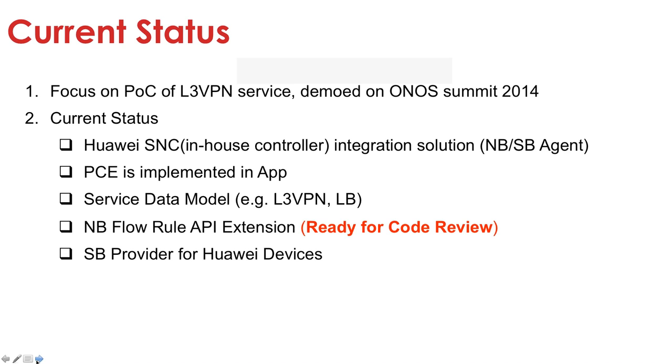The fourth part is the northbound flow API extensions. The current ONOS doesn't support MPLS tunnels yet, so we build the MPLS tunnels in our applications. For the service part, we extend the flow rule APIs to install the service into the ONOS, through the ONOS to the hardware.